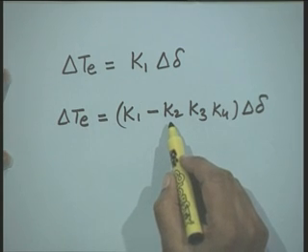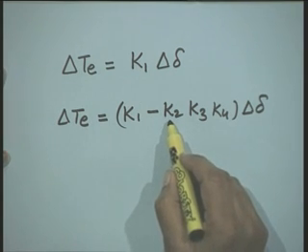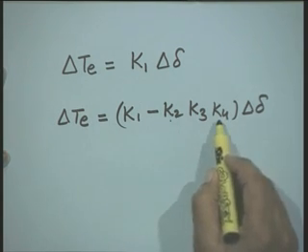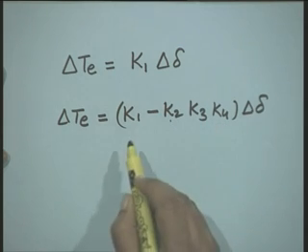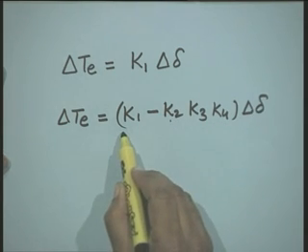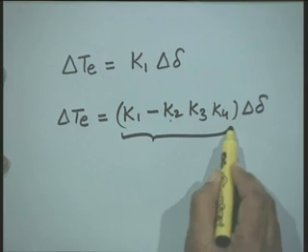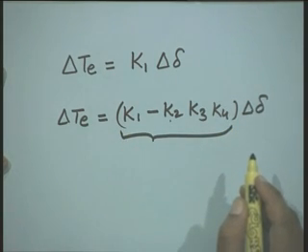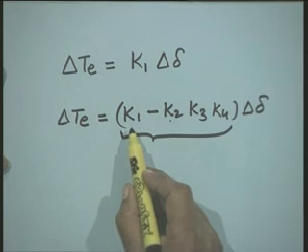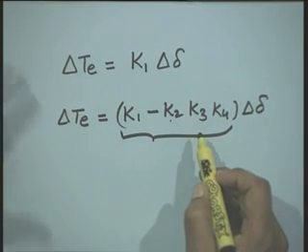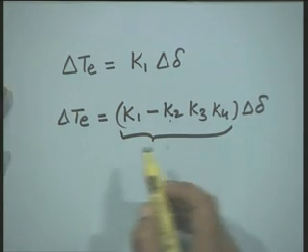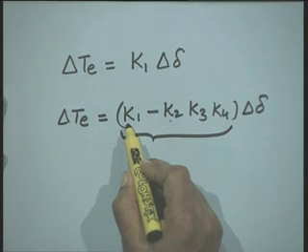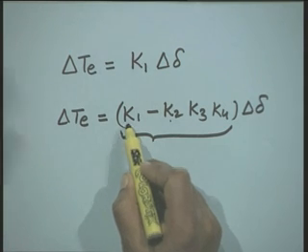Now, for any practical system, the constants K 2, K 3 and K 4 are positive, and we can see here that this term represents the net synchronizing torque coefficient, right. When the field flux linkages were assumed to be constant, the synchronizing torque coefficient was equal to K 1, right.